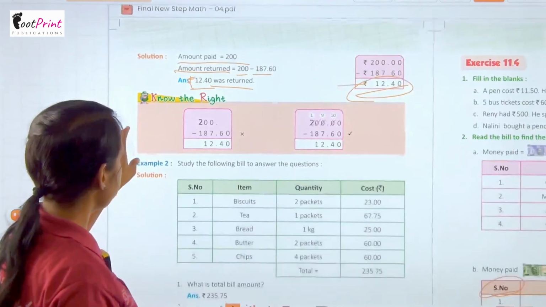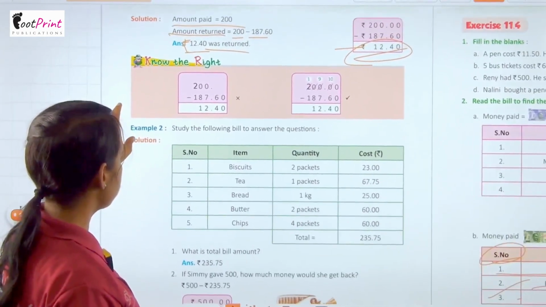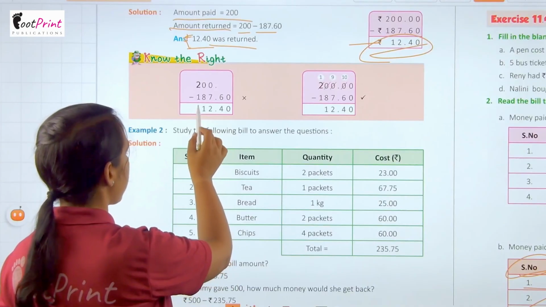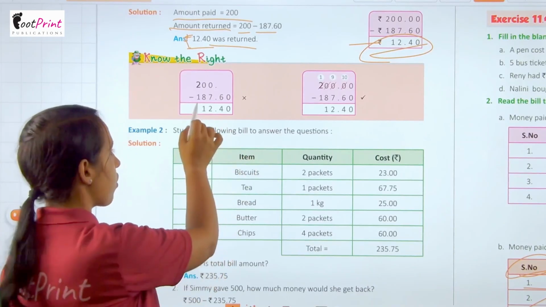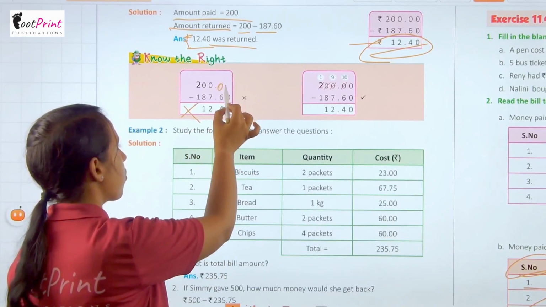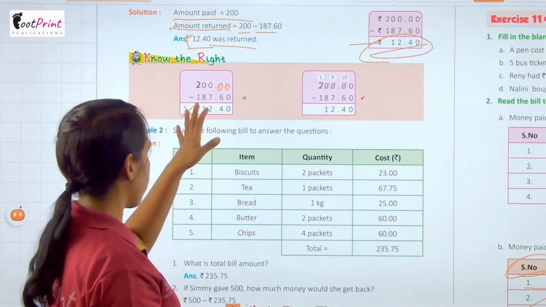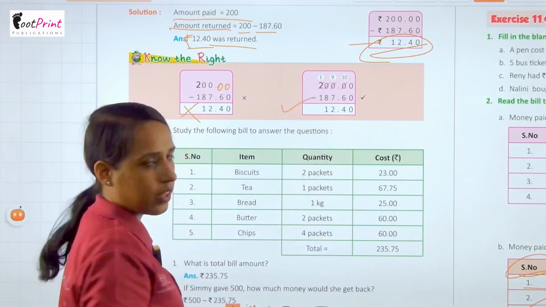Okay. So here it is given if we are subtracting in this manner, it is wrong because here we have to put zeros also. Okay, then we easily subtract and this way is correct.